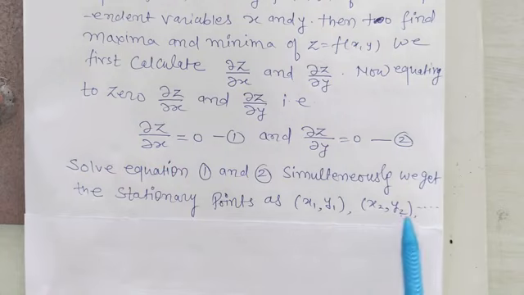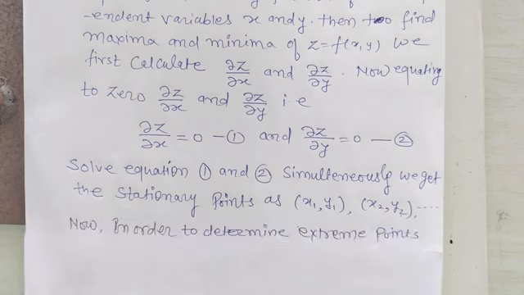Now, to determine which of these stationary points will be maxima or minima, we find the second order partial derivatives of z.